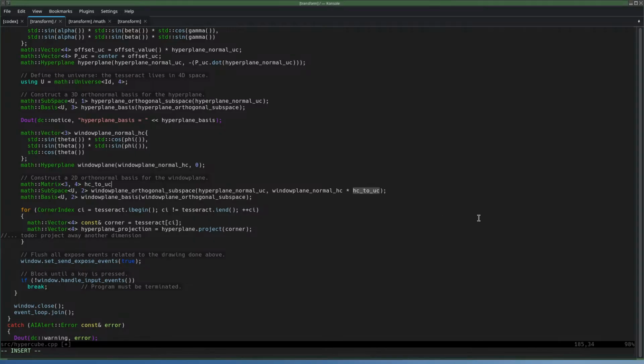I think. And we got this one from that was the HC2UC. That is the first basis that I created, this one.